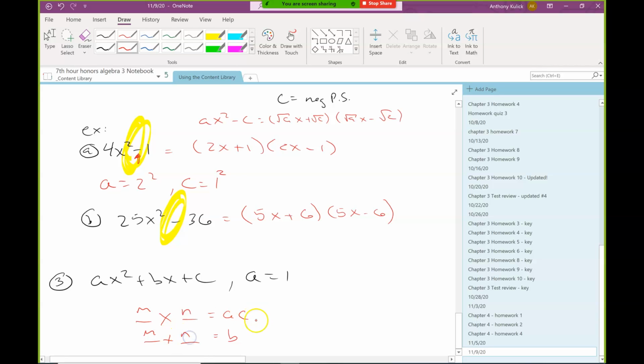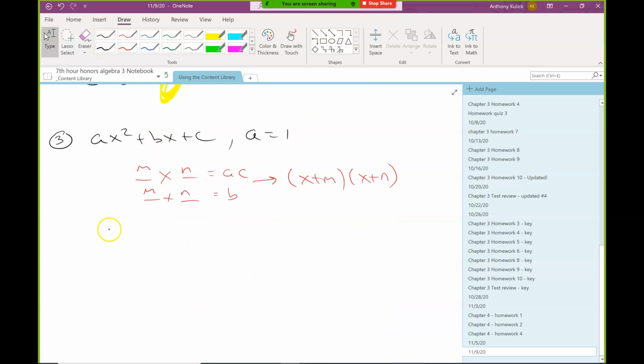So that means that if we can find the two numbers that multiply to give us a times c and add to give us b, we can take that straight to the factored form. We don't have to do the factor by grouping step at all. We can go straight to the factored form. Let's do an example of that, or a couple of examples of that.